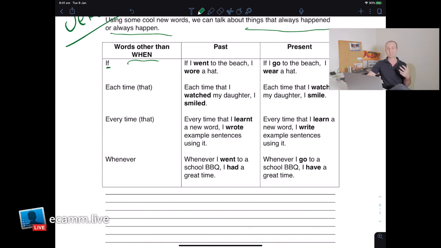You could use this sentence to talk about your experience in Australia. If I went to the beach, I wore a hat, right? And I could do it now in the present. If I go to the beach, I wear a hat. It's always true, right? That's why we've got the simple tense here, the simple past, the simple present.